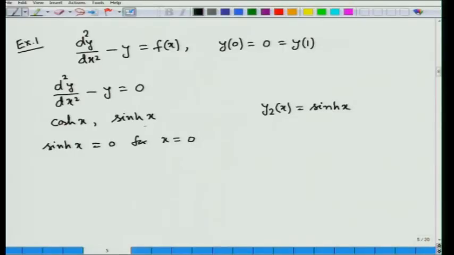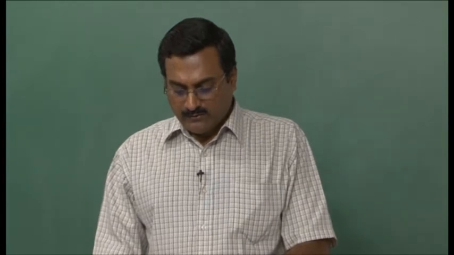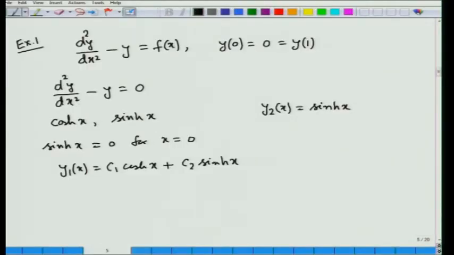As none of them is satisfying the boundary condition and the equation is a linear equation, we can try to find y1(x) in the form of a linear combination of these two functions, that is C1 cosh x and C2 sinh x, and using the condition that C1 cosh x plus C2 sinh x will be 0 at x equal to 1, you can find C1 and C2 and ultimately we will have this result, that is y1(x) is equal to sinh(1 minus x).